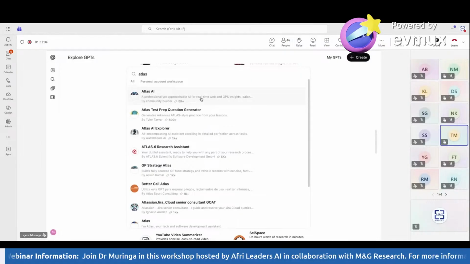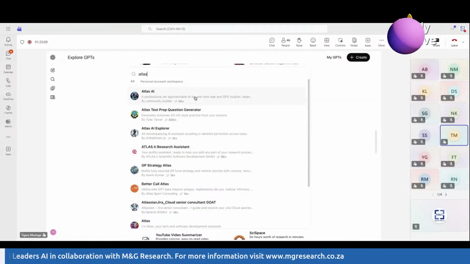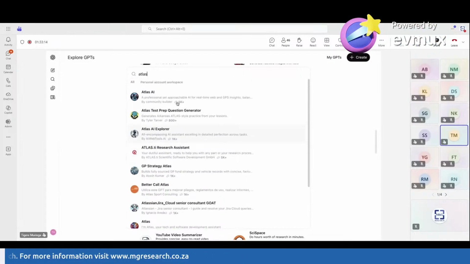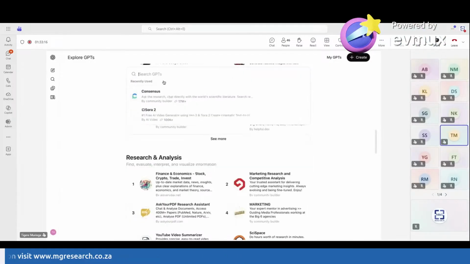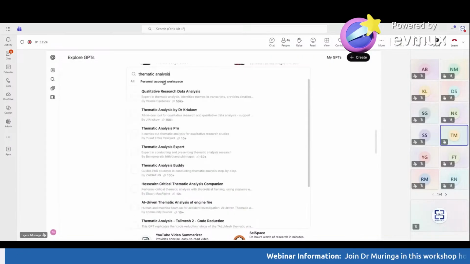Professional yet approachable. So this one here is your Atlas to conduct a thematic analysis, right? Let's see again, thematic analysis, the tools that we have available to do thematic analysis. So we have qualitative research data analysis, right?